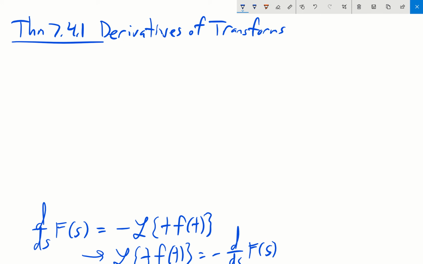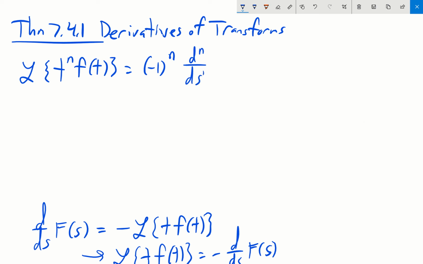We have the following: the Laplace transform of t to the n times f(t) is going to be equal to negative 1 to the n. There's going to be an alternating sign, as we kind of saw a moment ago, times the nth derivative with respect to s of the Laplace transform of f(t).